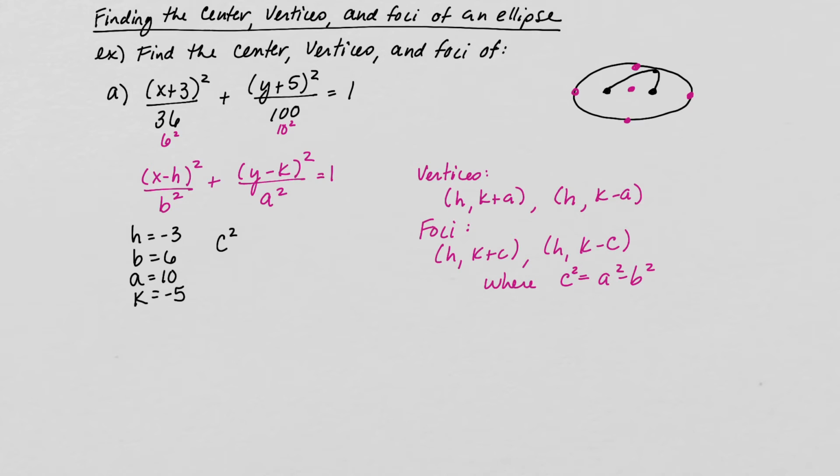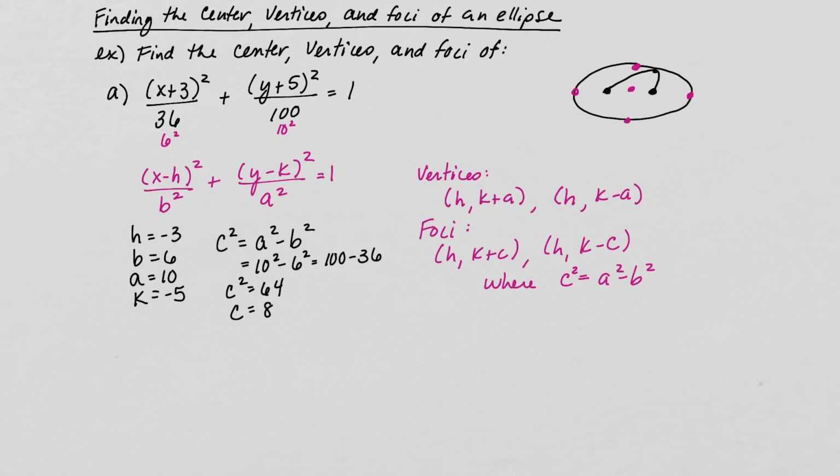So c squared is 10 squared minus 6 squared, which is 100 minus 36. That means c squared is equal to 64, which means c is equal to 8. Since c is a distance, we use the positive value.